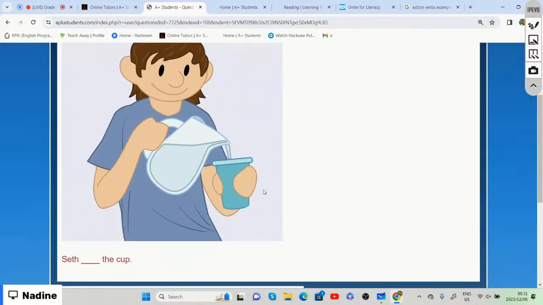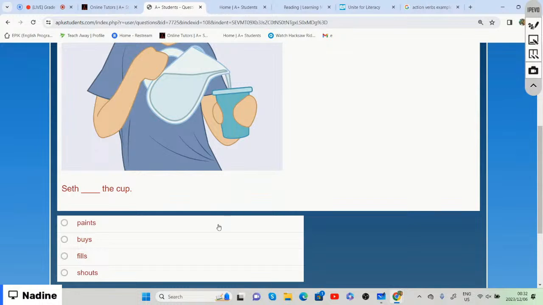All right, we're going to do the last picture. What is this guy doing? Seth what the cup? Does he paint the cup, buy the cup, fill the cup, or shout the cup? So what is Seth doing?